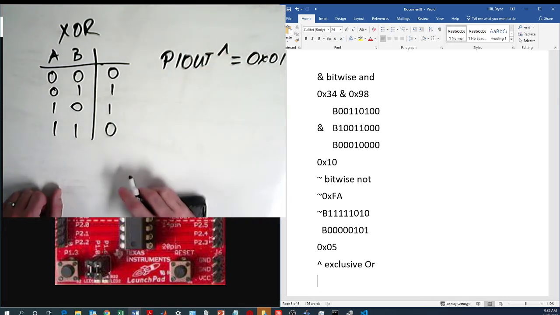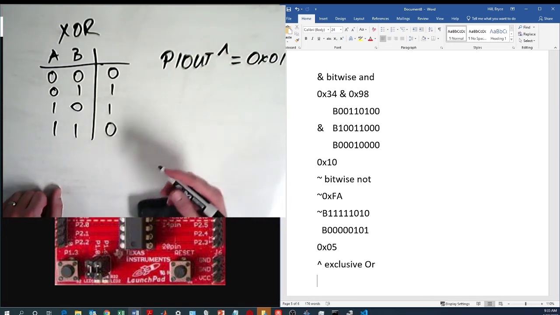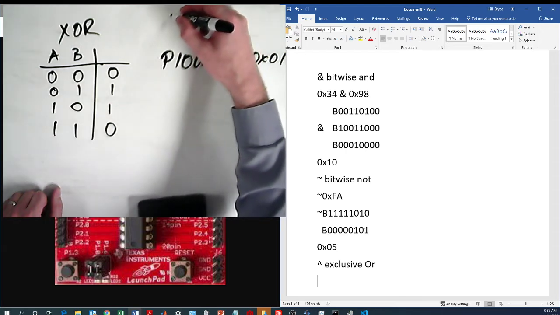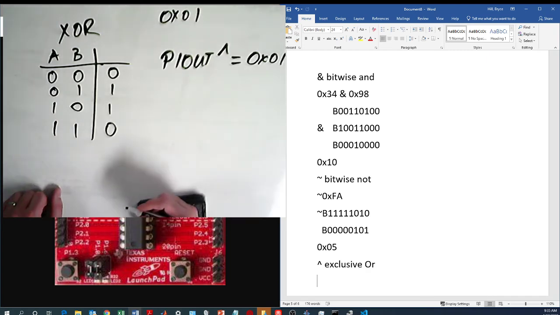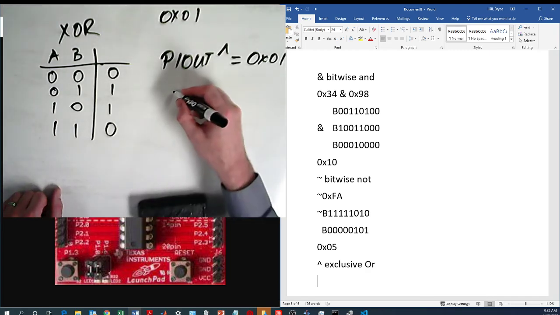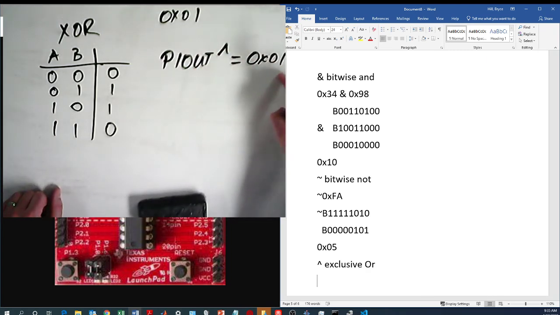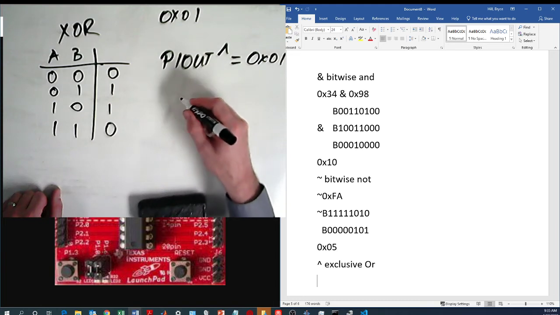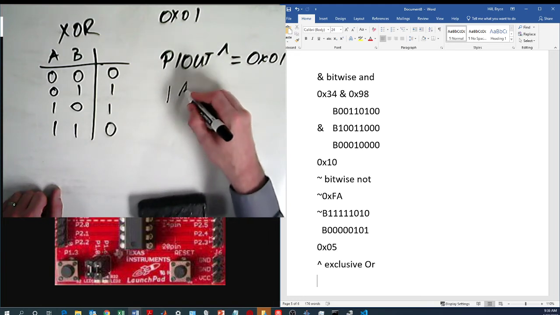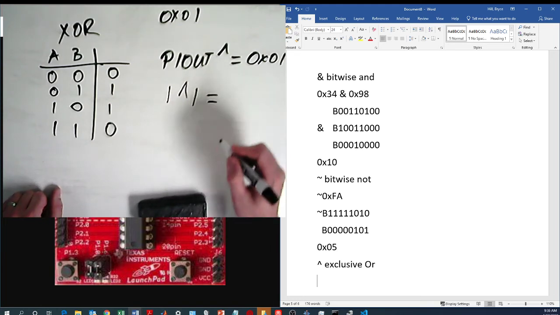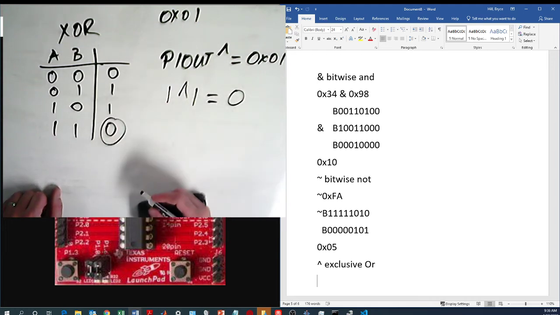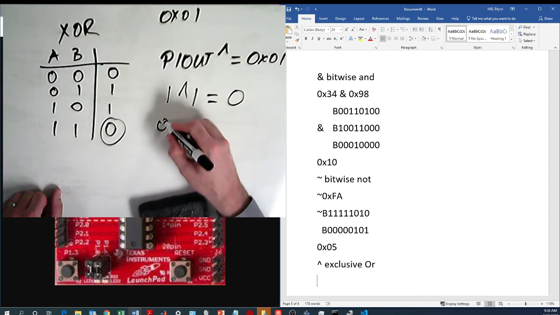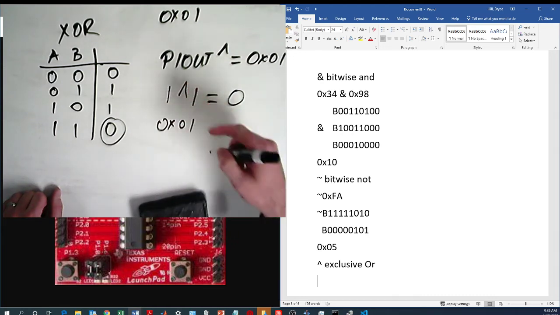Let's just imagine that we knew that P1OUT was 0x01 when it started. In other words, we only care about this bit here, and if it's 1, exclusive OR with 1 is going to result in 0. We're going to shove it back in here.